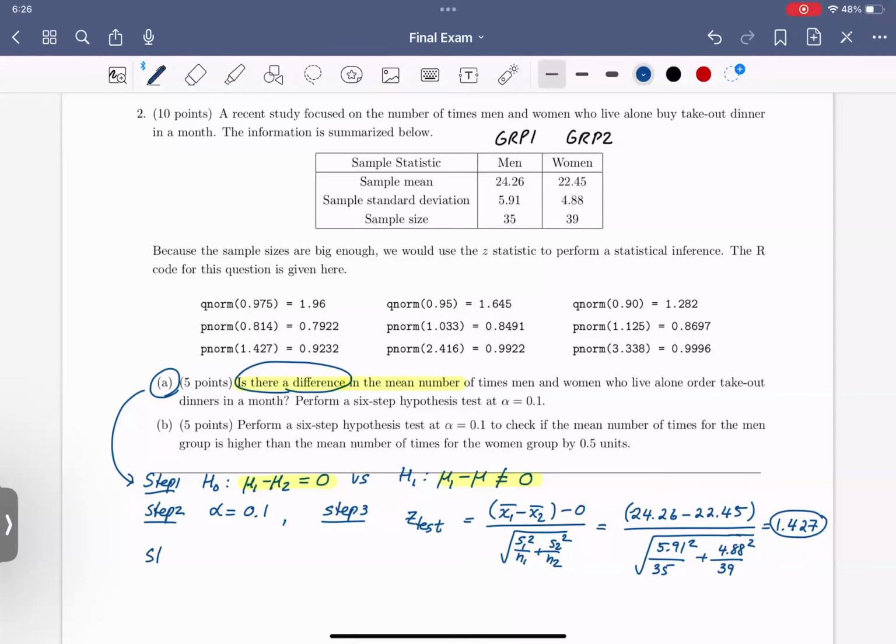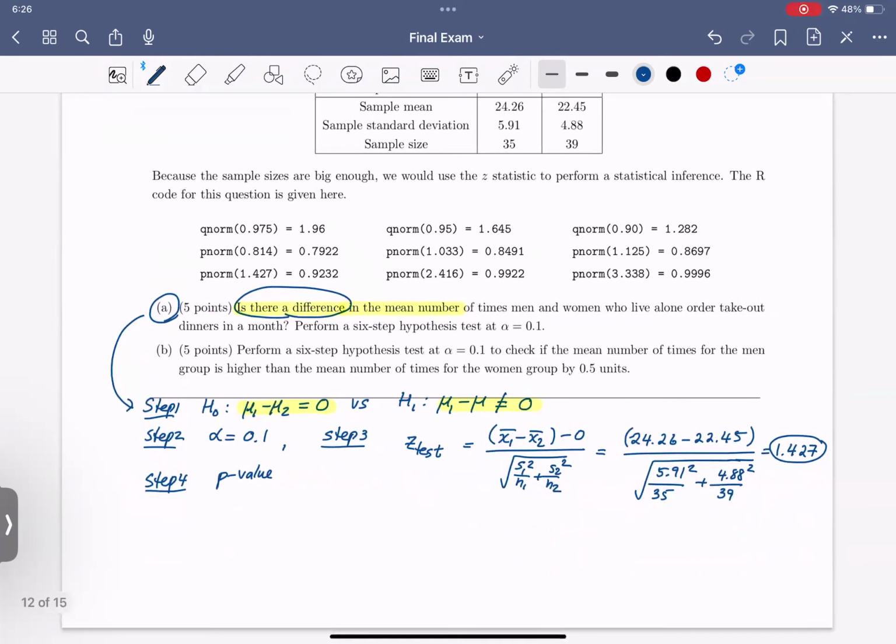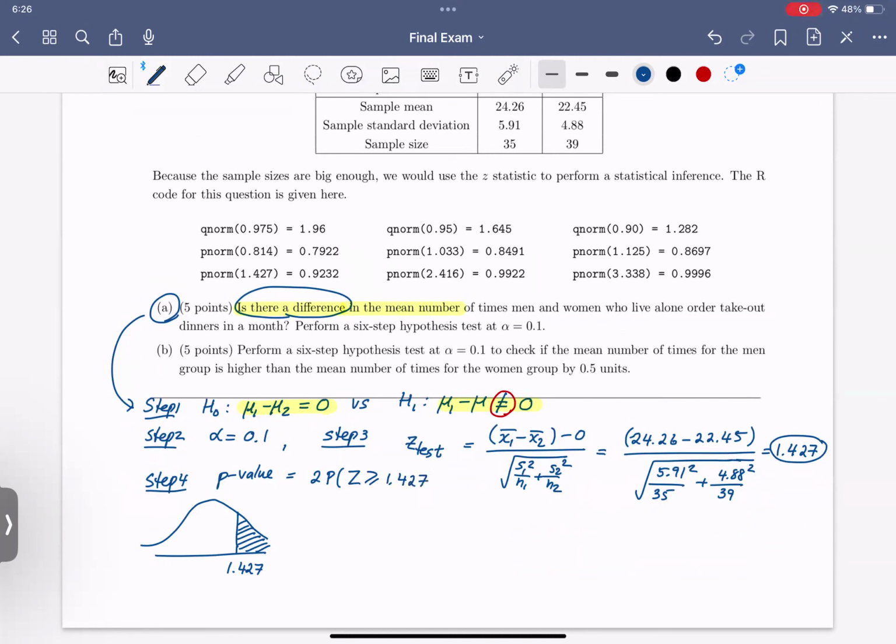And then step 4, we need to find the p-value. So the p-value in this case, for 1.427, the area on the tail is going to be on the right over there. But in this case, you have a not equal to sign. So that means the p-value is going to be 2 times the probability that normal is bigger than 1.427, right?